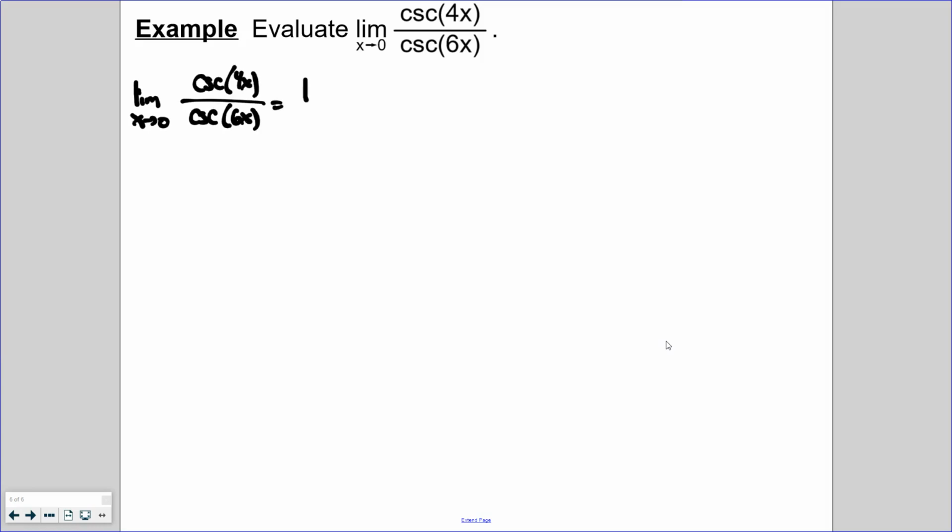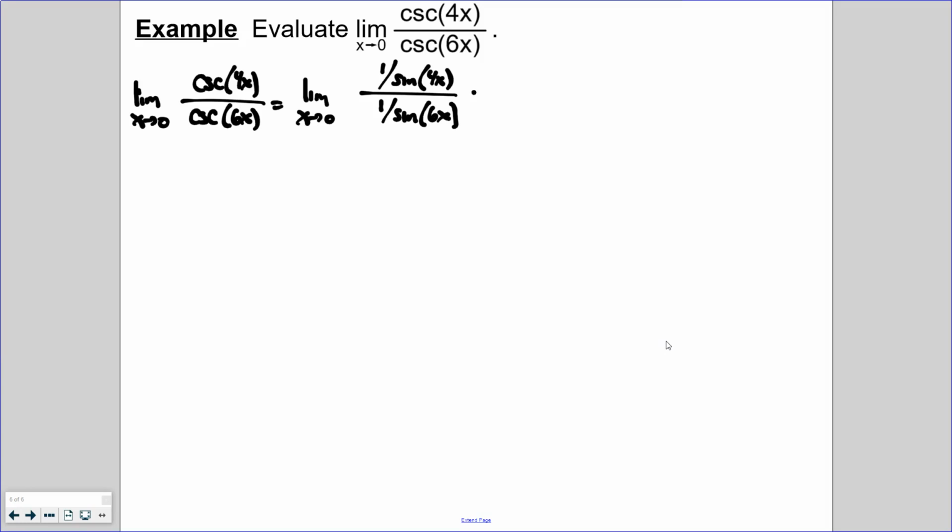So we're going to have the limit as x approaches 0 of 1 over sine of 4x over 1 over sine of 6x. And woo, complex fraction. Fraction in the numerator, fraction in the denominator. We don't really like complex fractions, so if we can get rid of the complex fraction somehow, that would be awesome.